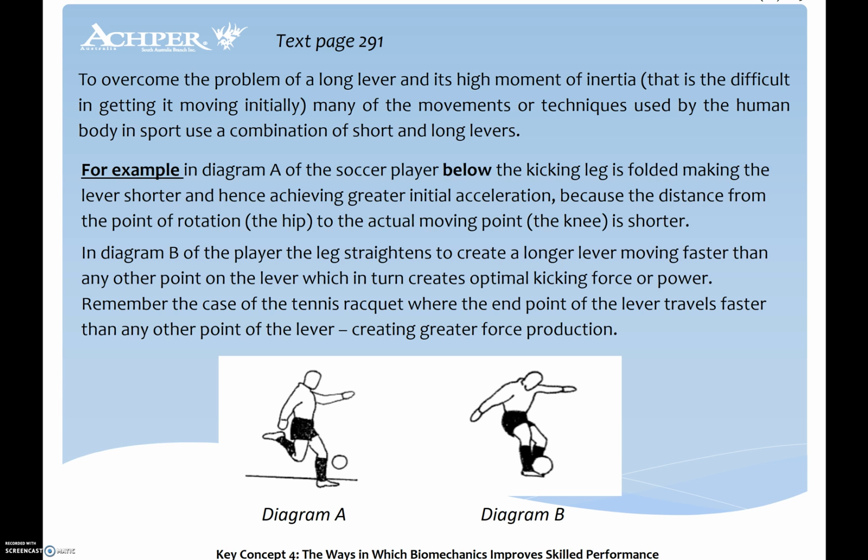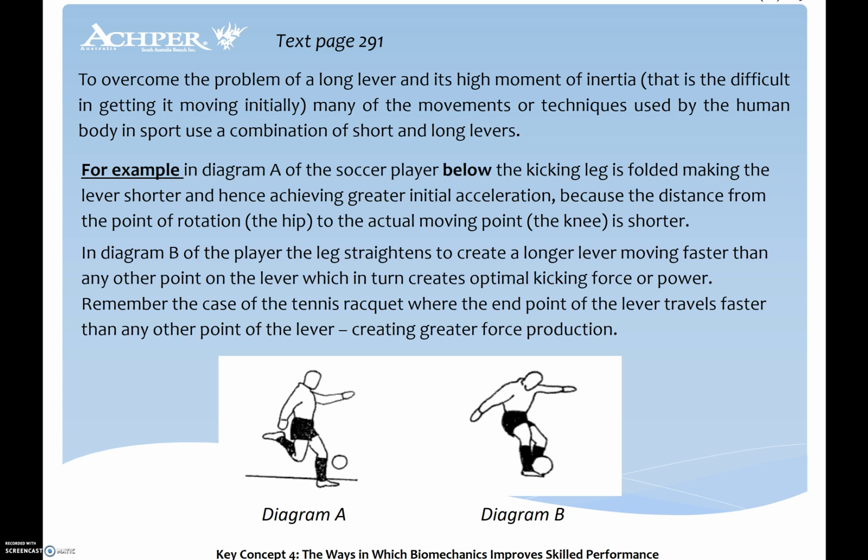So to overcome problems of a long lever and its high moment of inertia, many of the movements and techniques used by the human body use a combination of short and long levers. So we had the two short levers to make the long lever to reduce the moment of inertia. In diagram A, the soccer player below, the kicking leg is folded, making the lever shorter and hence giving greater initial acceleration, because the distance from the point of rotation to the moving point, the knee, is shorter.